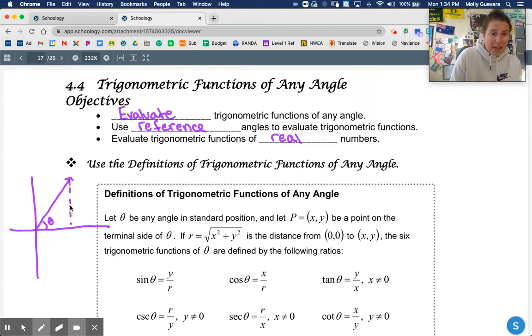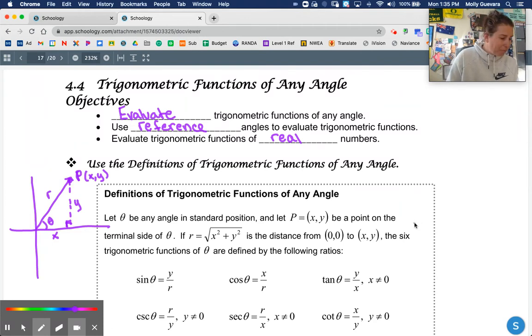I can create this right triangle with the x-axis. This point right here, as we talked about last time, is point P, so that's my (x, y). This value right here is y, this value is x, and this value they're calling r because that's the radius, okay?